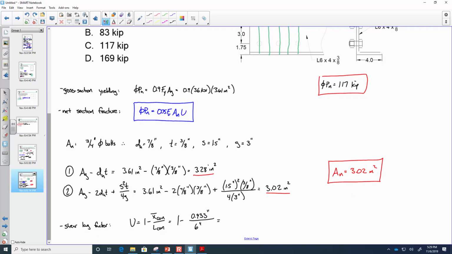Is that center to center? Yes. It's center to center. That's a good question. What do we got here? So U is 0.845.